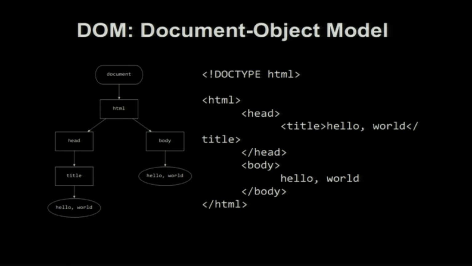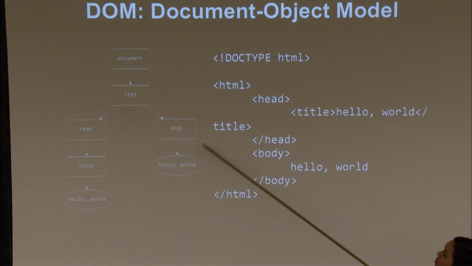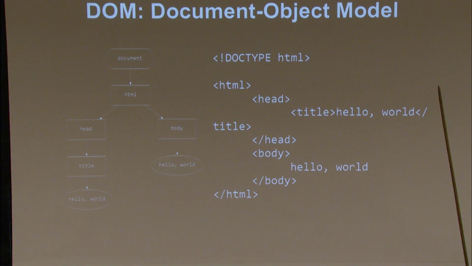So you see this tree here? They will ask you to fill in, okay, what goes under the body? Maybe under the body we have some divs or some paragraphs, and we'll ask you to fill in a tree very much like this. So the document object model is just a way to structure and think about our HTML graphically.